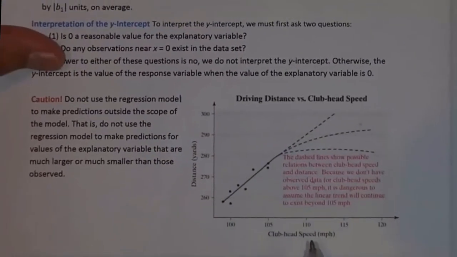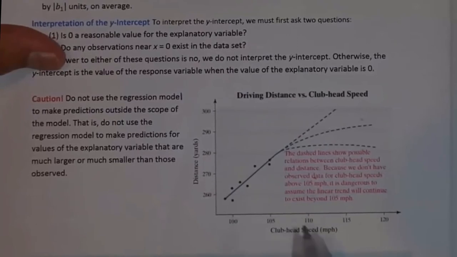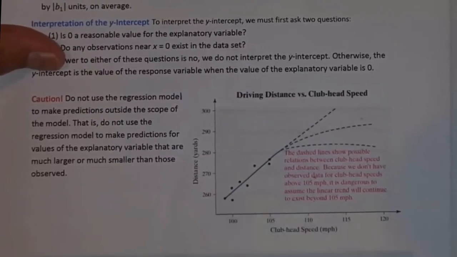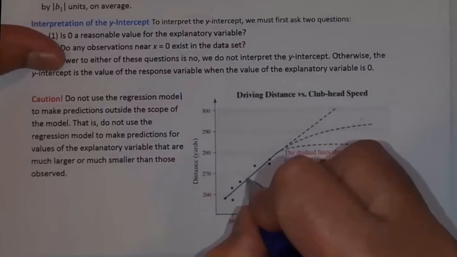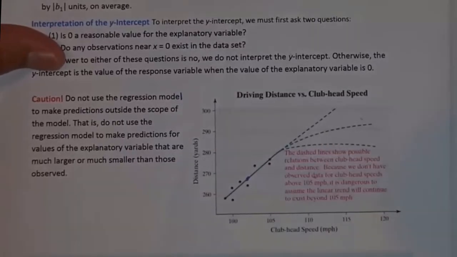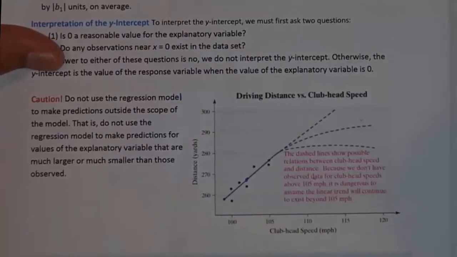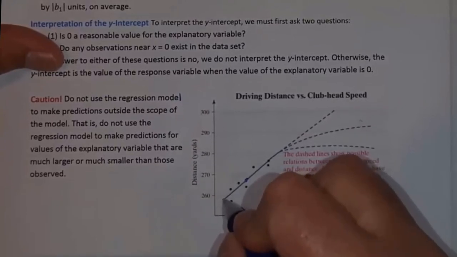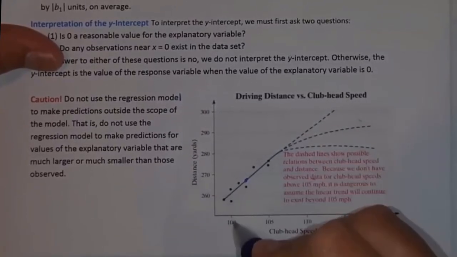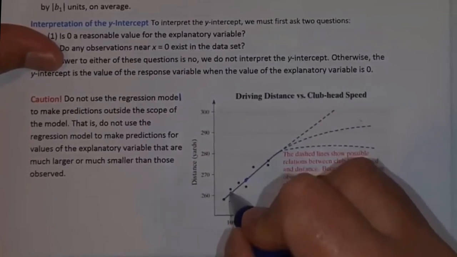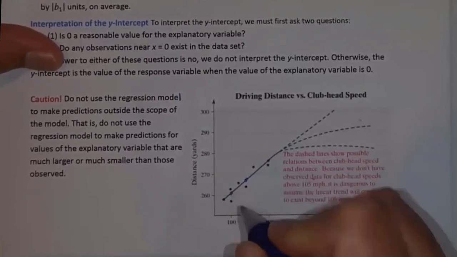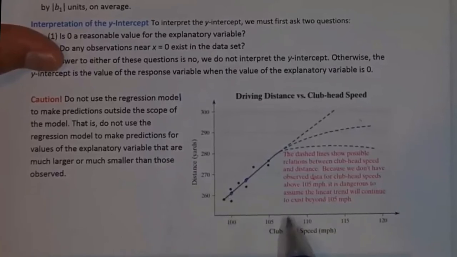So on average, what that means is this. This is the golf data again. When I substitute a particular value in the regression equation, I get the value of y that would be on the line. So that line is representing an average for different values of x. So if x is 99, then the average y value would be on that line. If x is 100, the average y value would be on that line. So that would be the average y value, and so on and so on.